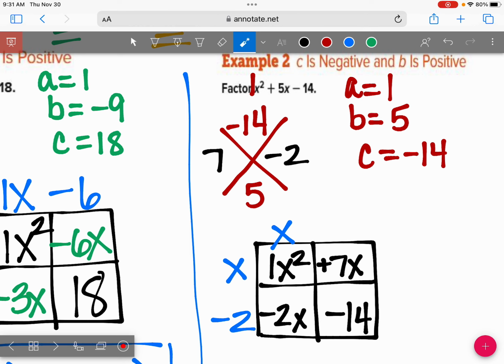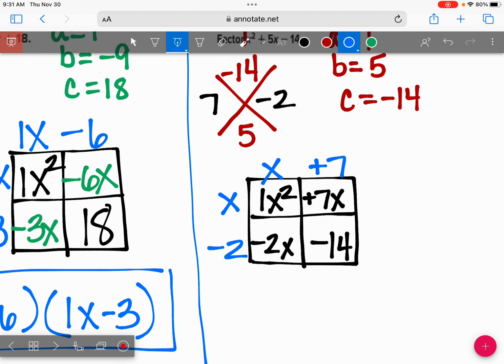Not 2. No, 2 doesn't go into 7. +7. Because the only number that goes into 7 and 14 is a 7. So my factors are what you have across the top and what you have down the side.